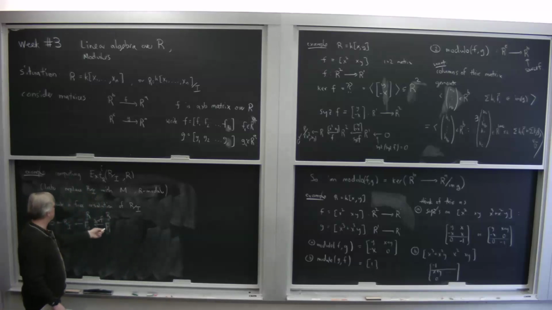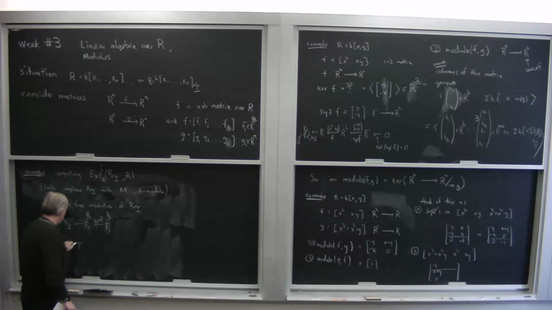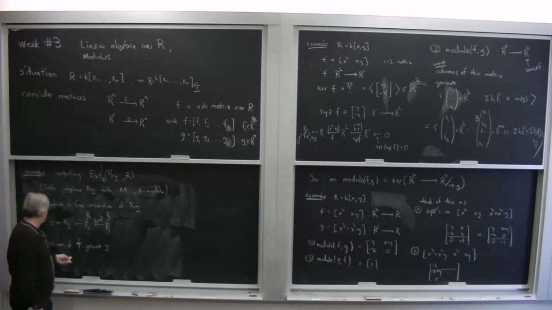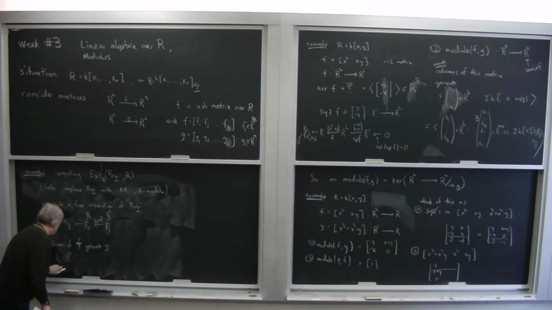Okay, so this is just going to be a bunch of polynomials that define I, where the columns of F generate I. In other words, the image of this map into here is I, and F0 is R, and F1 then I guess is R to the B. If we were using the same notation we did here, R to the A here, F0 is R to the A, which is 1.